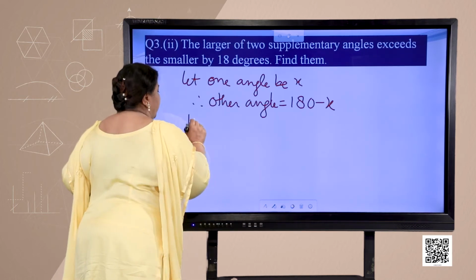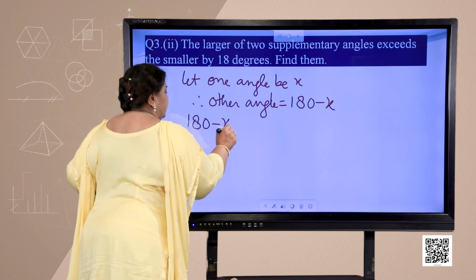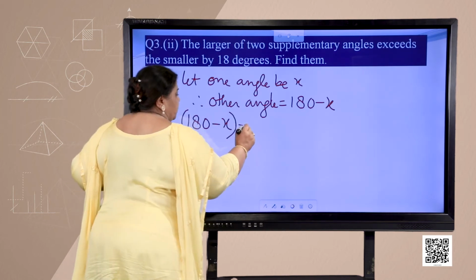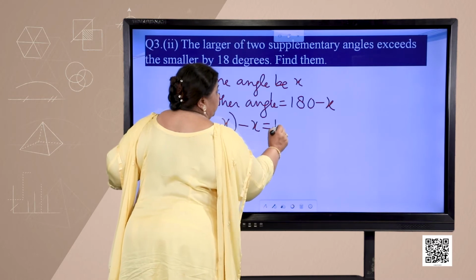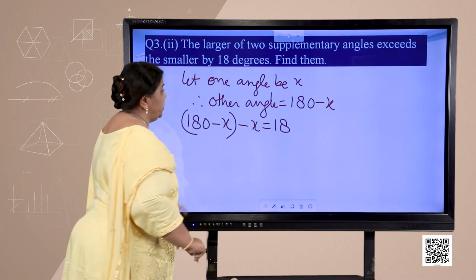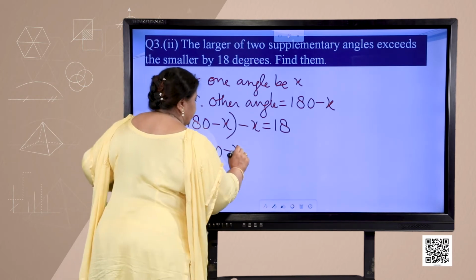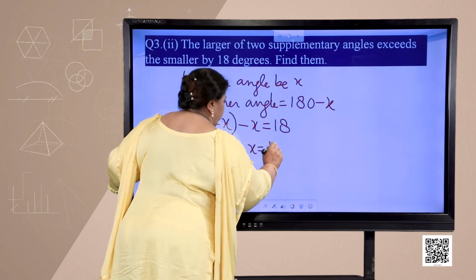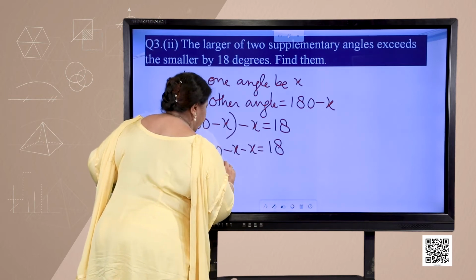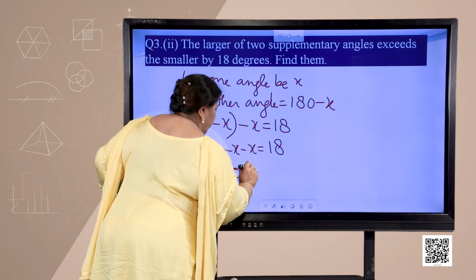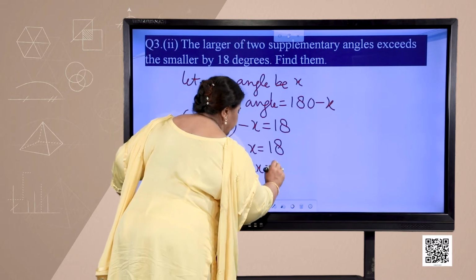Let us take 180 degrees minus x as the larger angle, subtract the smaller angle, the difference has to be how much? 18. So what do I get? 180 minus x minus x is equal to 18, or 180 minus 2x is equal to 18.